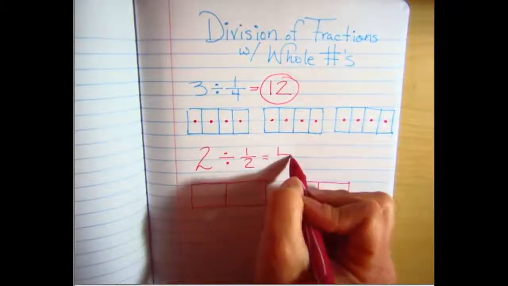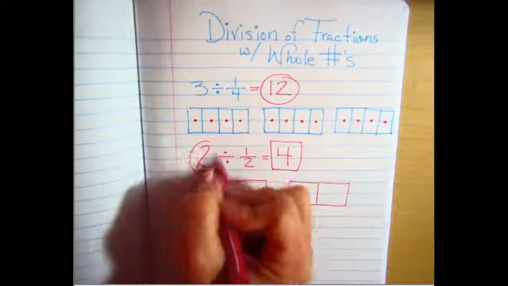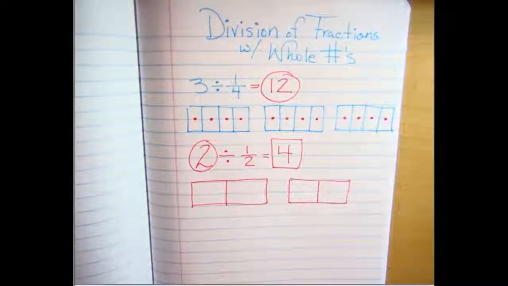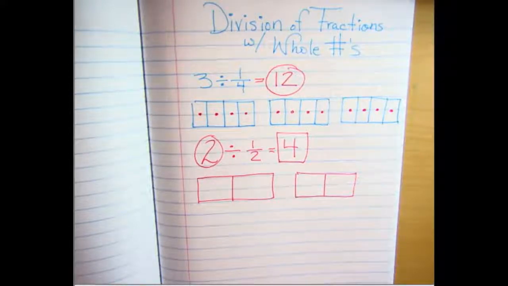My answer has always got to be bigger than what I started with. Does that make sense? Yes, ma'am. So when you're doing these problems, if you get a fraction as your answer, but you started with a whole number, you did something really wrong, okay?